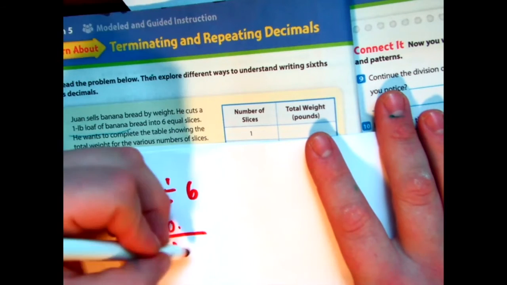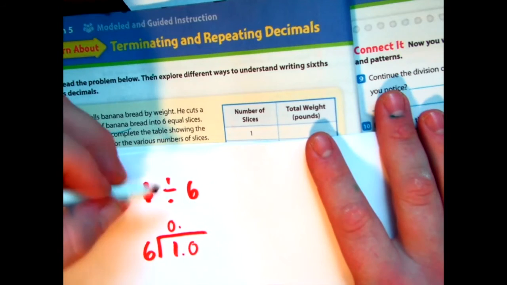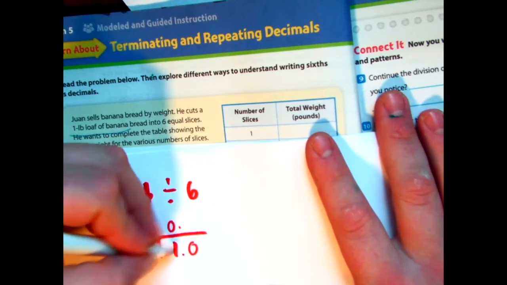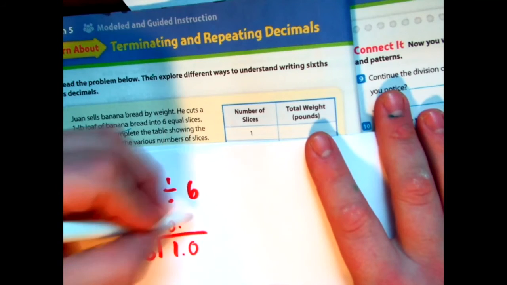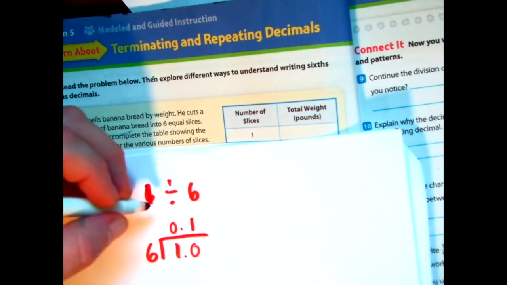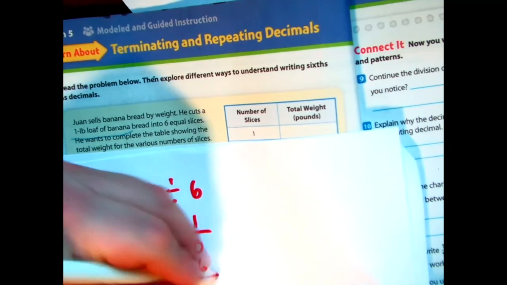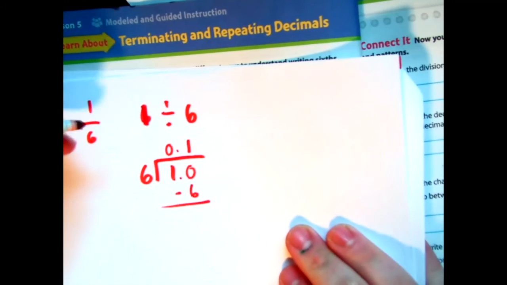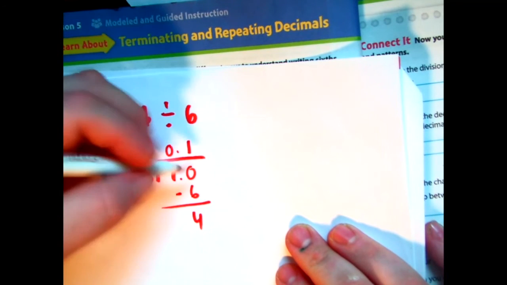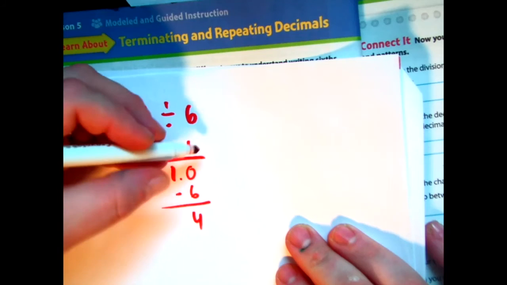So I add a 0 here for the placeholder of the tenths place. How many times can 6 go into 10? 6 can go into 10 one time. 6 times 1 is 6. 10 minus 6 is 4.